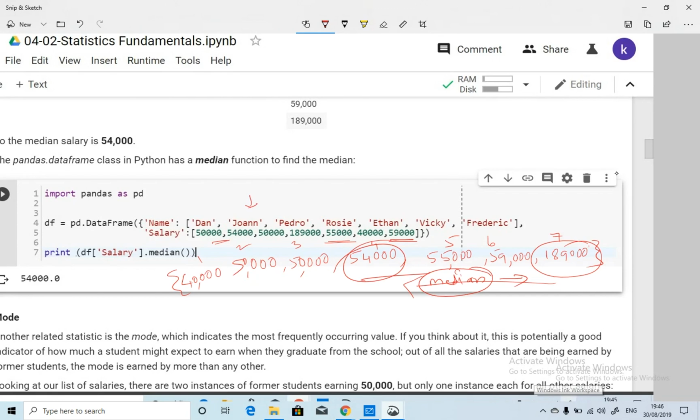Sachin bhai, are you able to follow this example or not? Again I have the outlier, but there is not much impact on my data points. Clear?